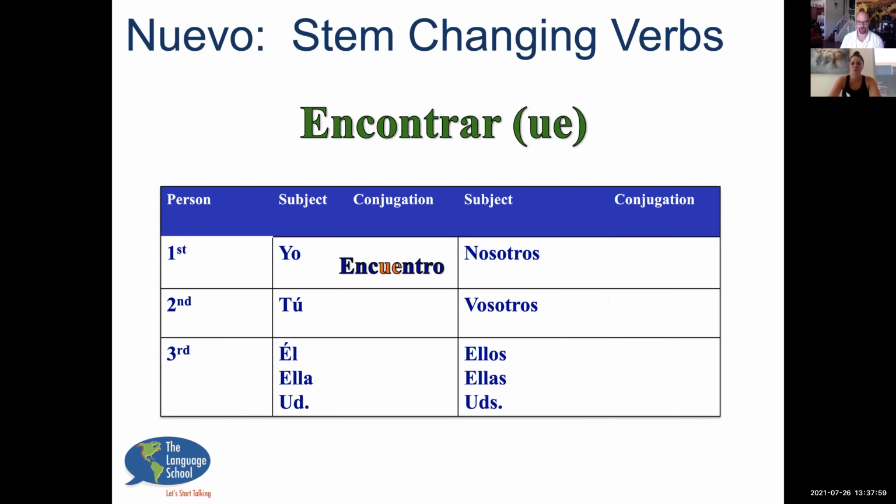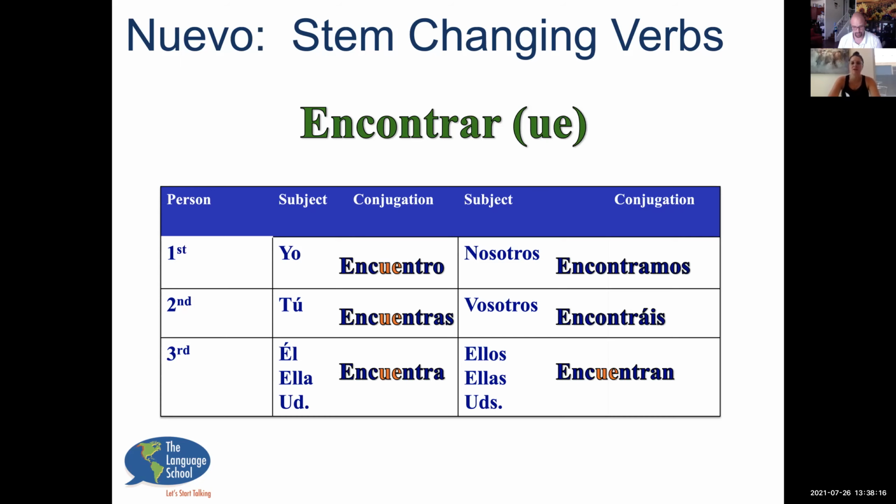Yo encuentro. Tú encuentras. Él, ella, usted encuentra. Nosotros encontramos. Ellos, ellas, ustedes encuentran. All right.